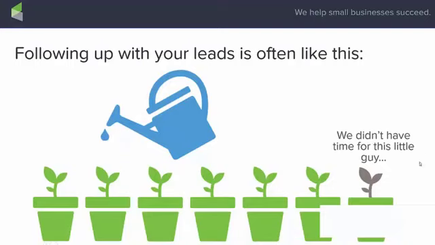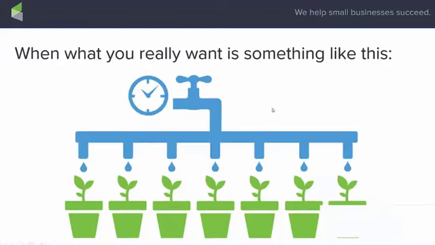What we want to do with Infusionsoft is implement this irrigation system into this long process that you're making, watering your plants every single day. And just like putting a sprinkler system in your backyard, you can't just start digging holes. You have to start with a plan. And then when you have this awesome irrigation system, you get all the time back that you were investing into your business and doing the day-by-day tasks that were taking away from things that were more important.